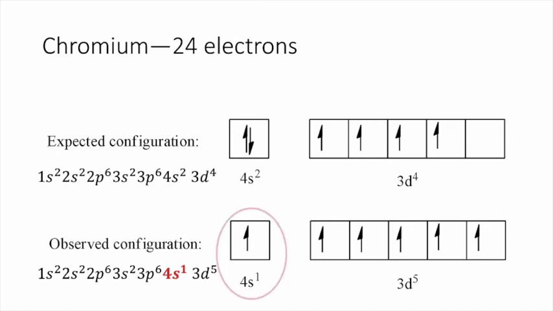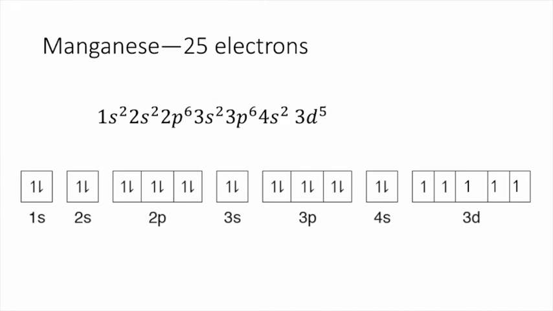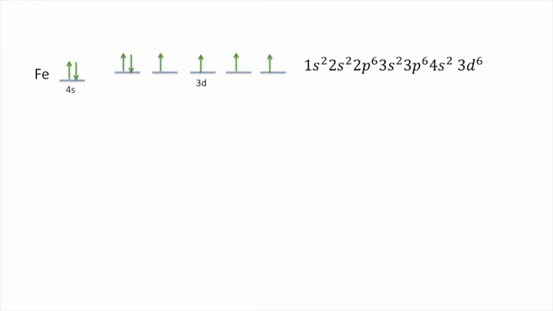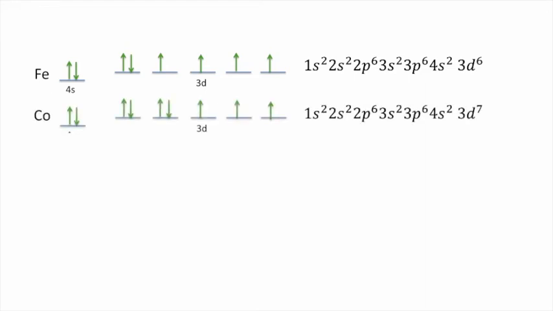And this makes it really, really stable. But when we get back to manganese, the extra electron goes back into 4s, and we also have that half-full 3d subshell. We can see how this trend progresses for iron, for cobalt, and for nickel.